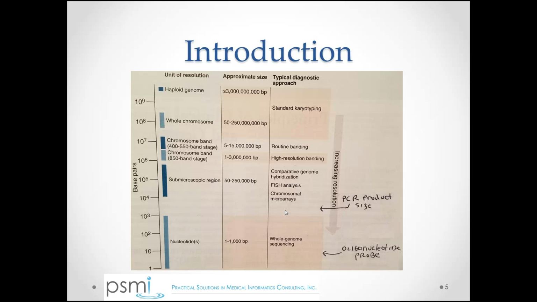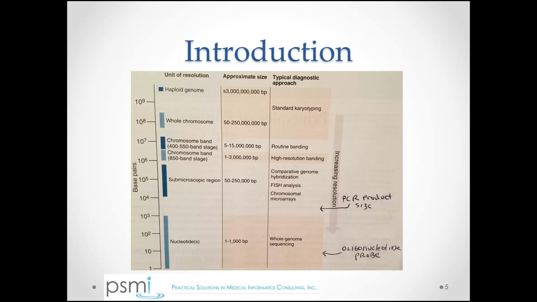But really then, if you want to get down to the super fine-grained units of resolution, the nucleotide level of resolution, then it's down to whole genome sequencing, or for targeted areas of the genome, if you're looking for particular point mutations, there are these things called oligonucleotide probes, where you have a small piece of DNA that's either radio-labeled or fluorescent-labeled, and you incubate it with the subject's DNA.